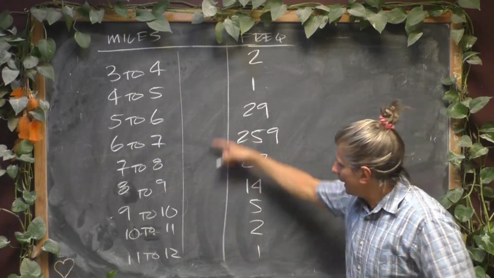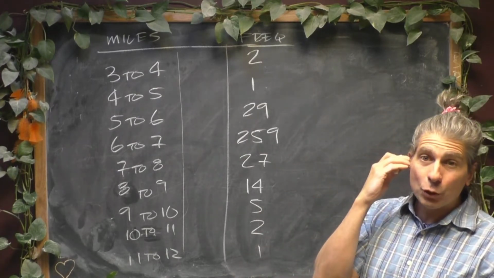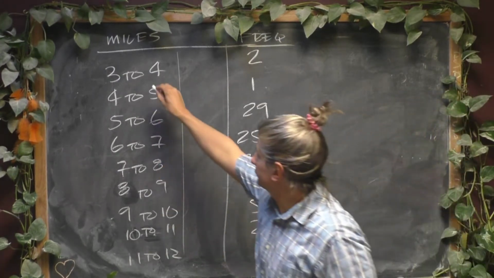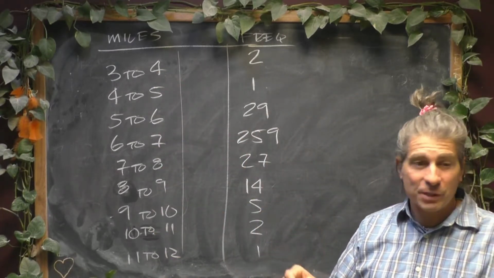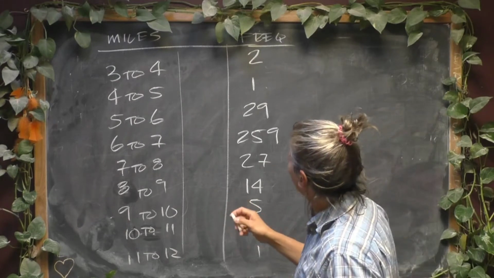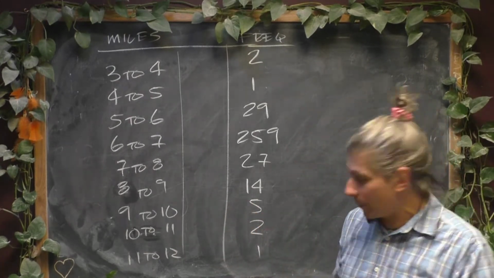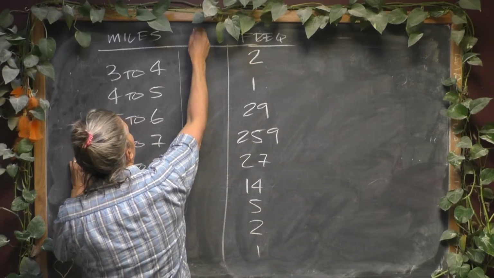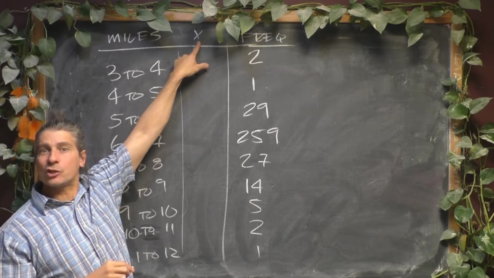Now I've left a little column here because we're going to have to use the middle of each of these to actually run the average. We spoke about that earlier. I think that's called a class mark, but I don't remember. You don't have to know that. I'm going to call that X, because that's generally speaking what the data is called in statistics.